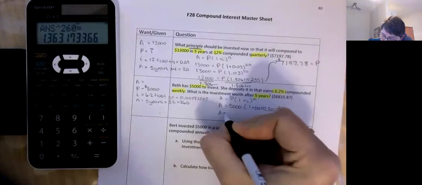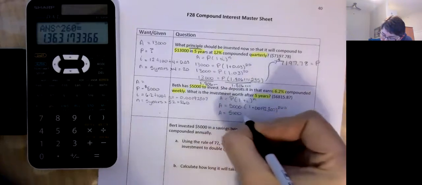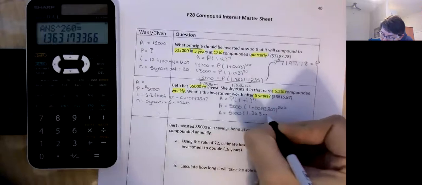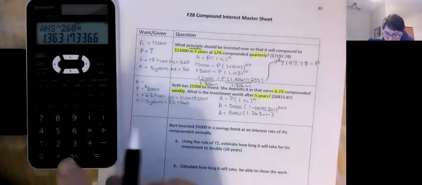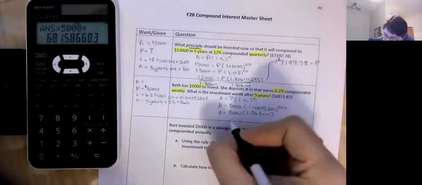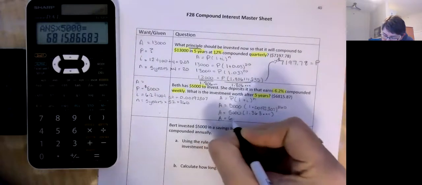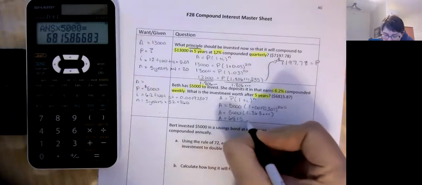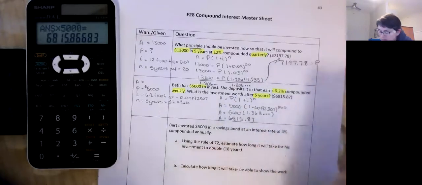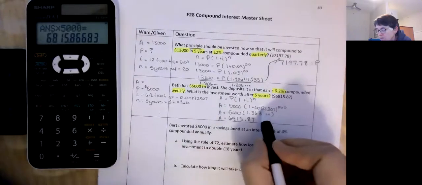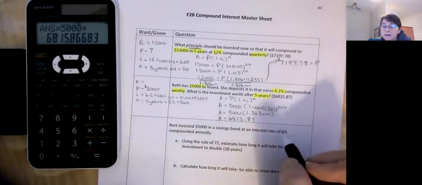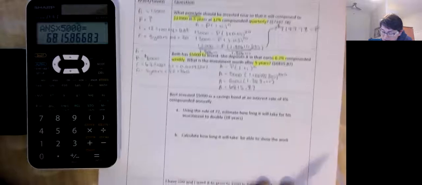So A is equal to 5,000 times 1.363. Leave that on my calculator, times 5,000. Amount equals $6,815.87. And you'll find that if you don't carry all those decimals here, then you're not going to get that answer. You really do need to carry them to get the right amount of cents.